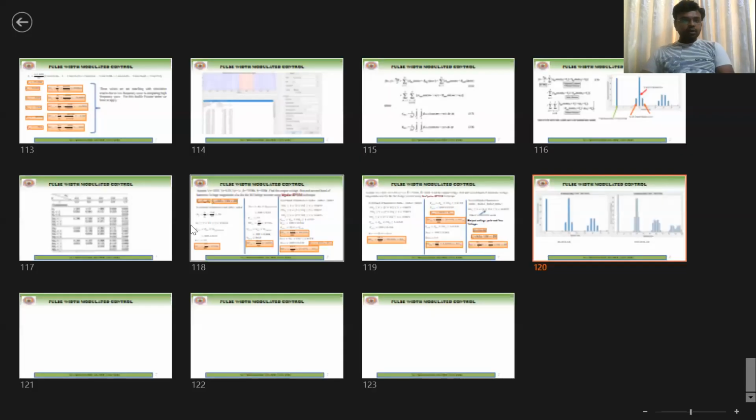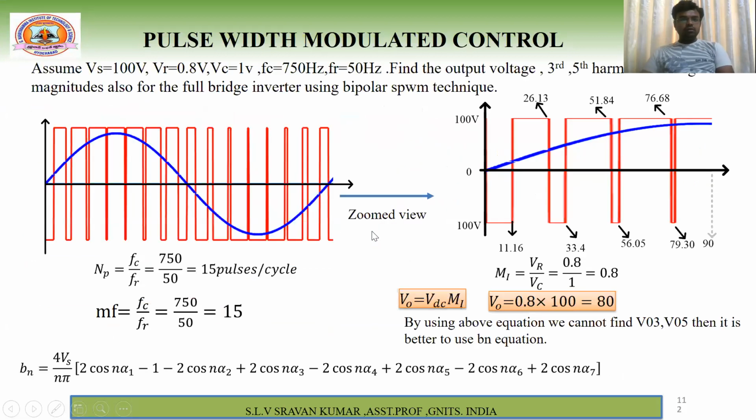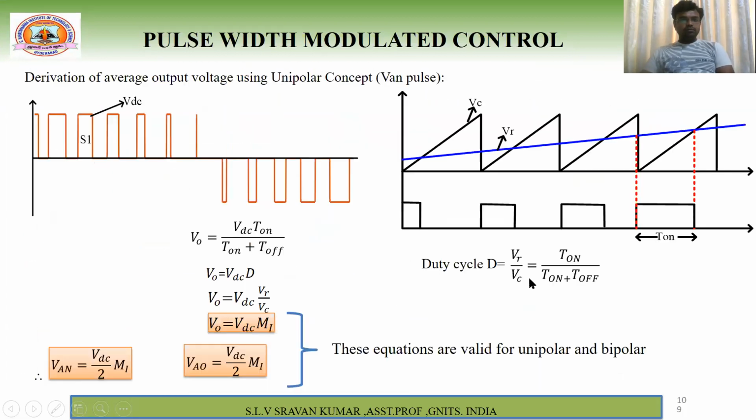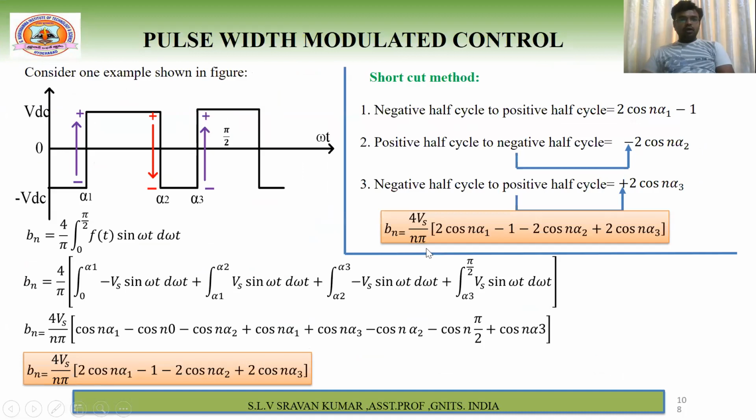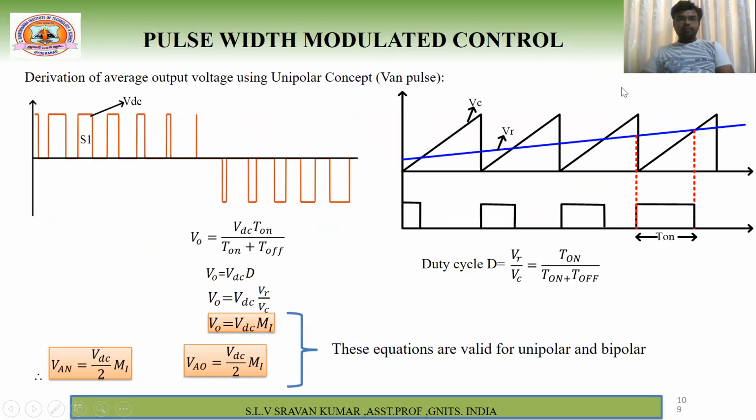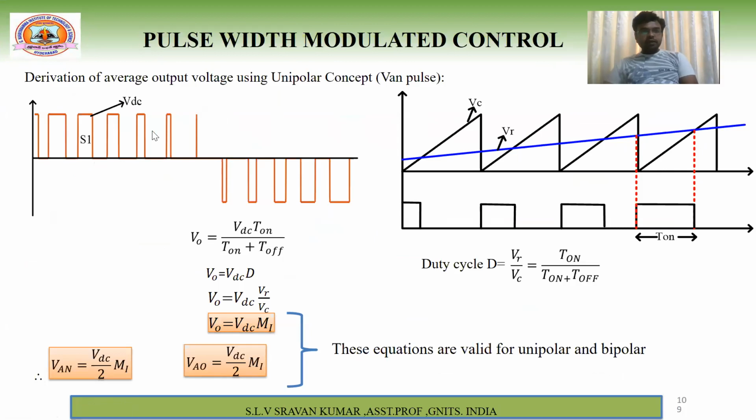in case of the unipolar scheme, the output voltage changes from 0 to VDC, right?